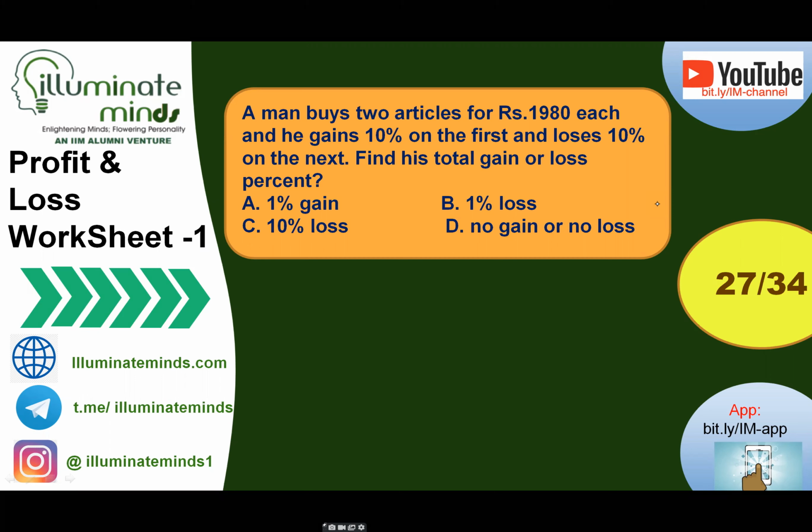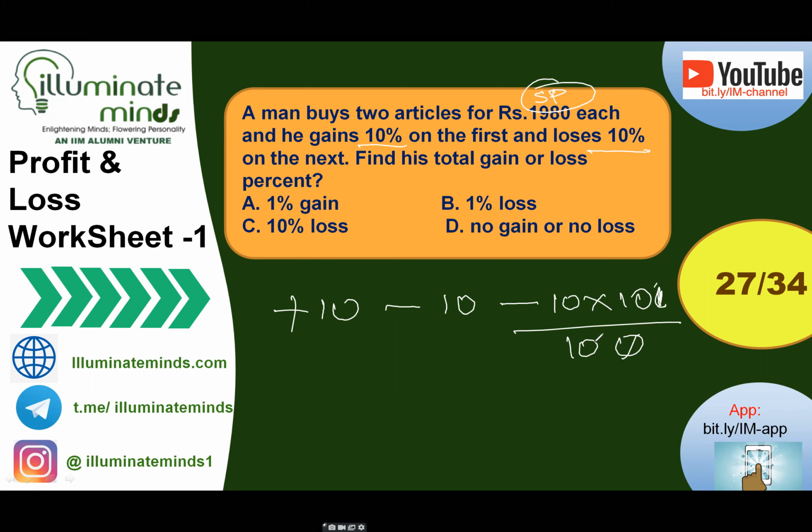He gains 10% on the first, and so again, this is the selling price, and this is 10%, this is 10%, as I told in the previous question, plus 10% minus 10% plus minus 10 into 10 by 100 will result into 1% loss. Option B is the correct answer.